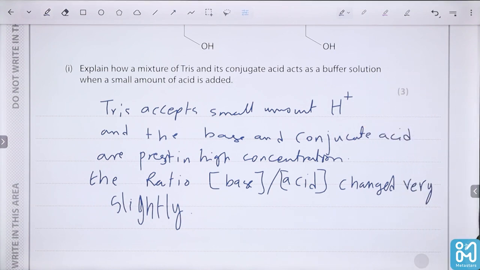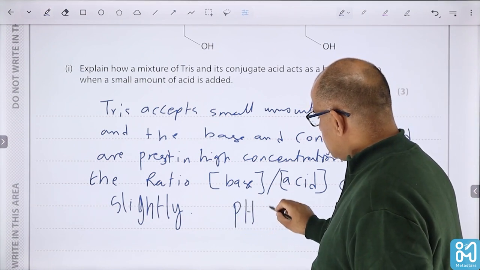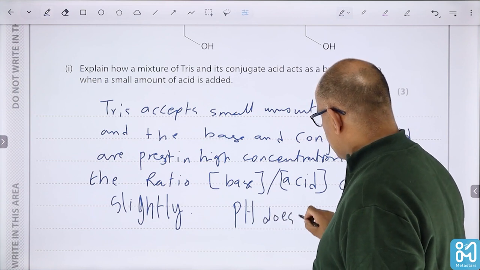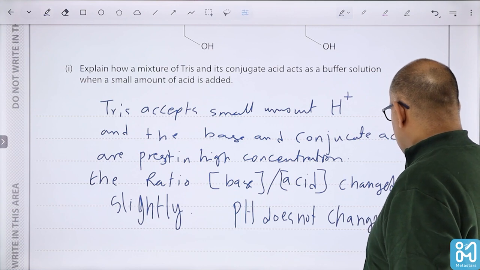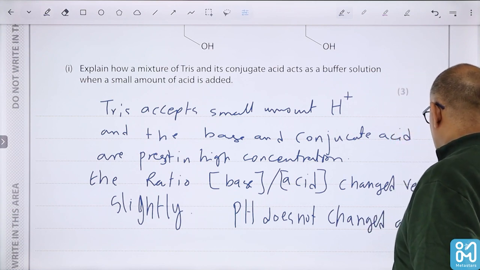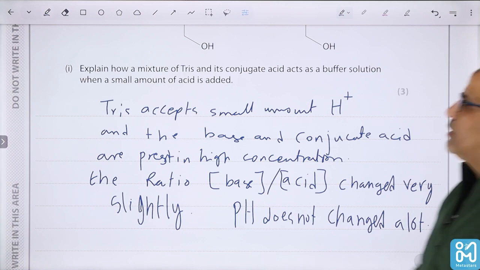That's why the pH does not change a lot, or it changes slightly. Okay?